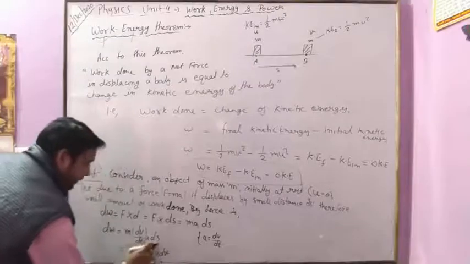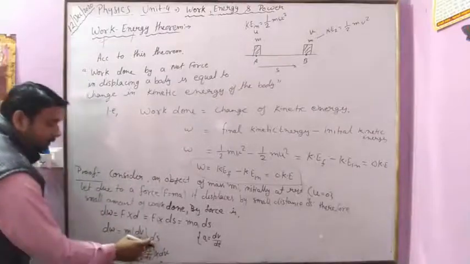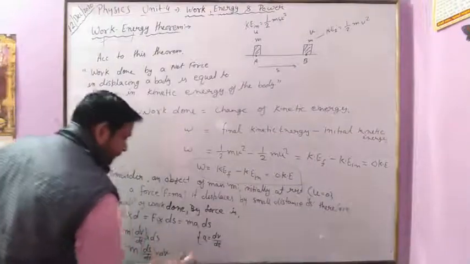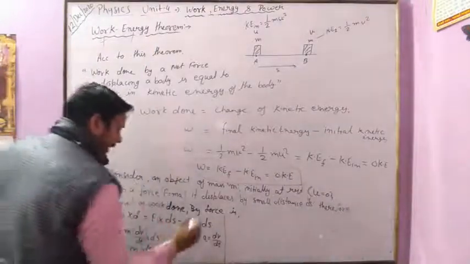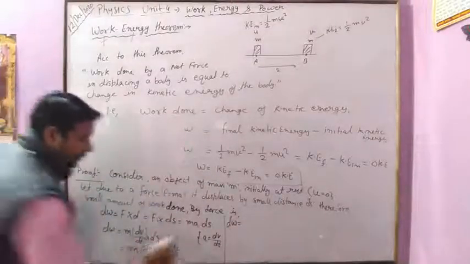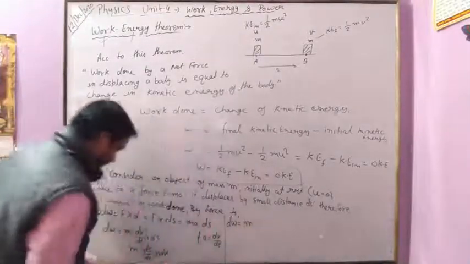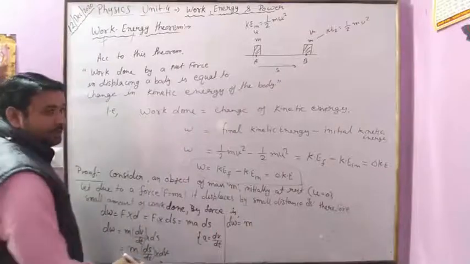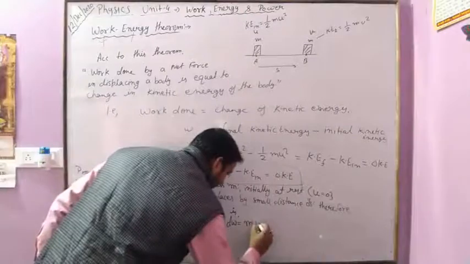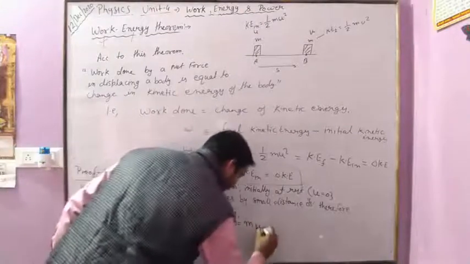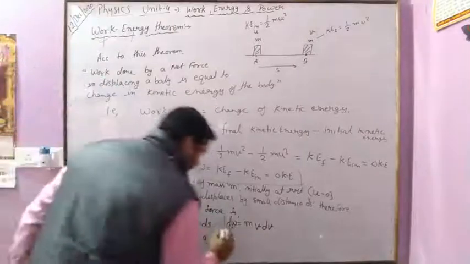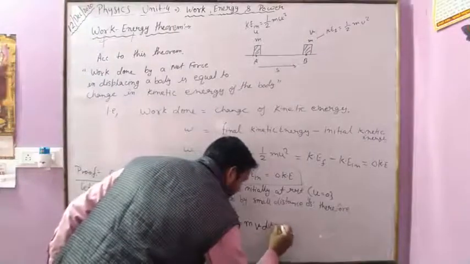Here ds upon dt is the rate of change of displacement, so we can say it is v. So dW is equal to m v dv. This is the small amount of work done. Therefore this is your equation first.